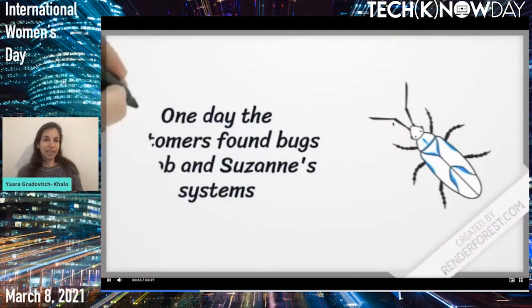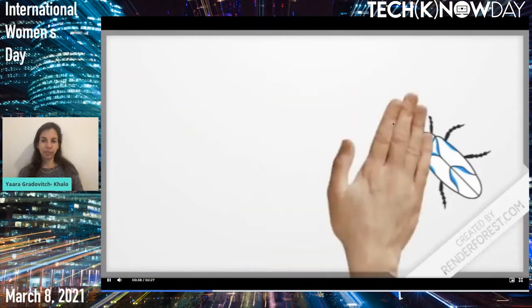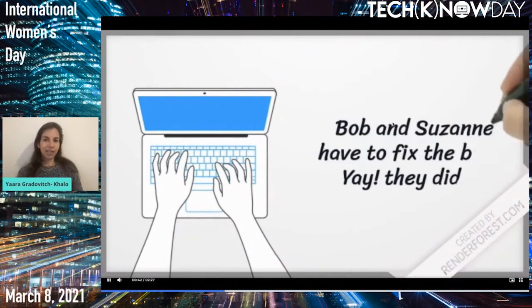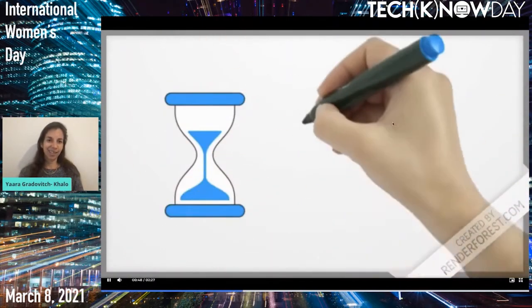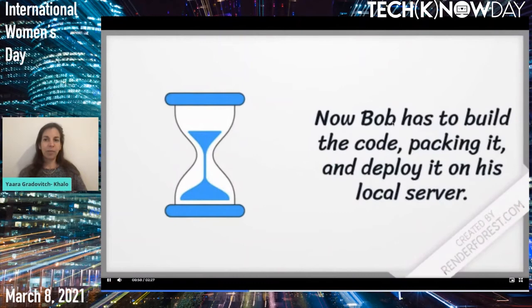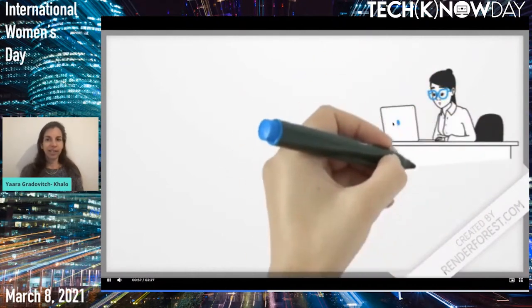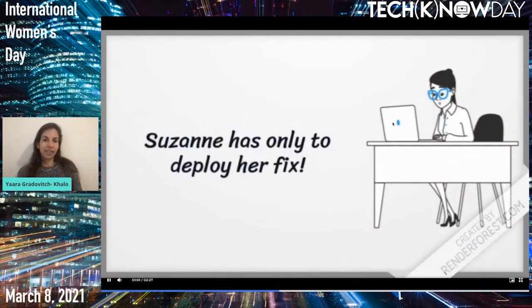One day, some customers found bugs in Bob and Suzanne's system. Bob and Suzanne had to fix their bugs, and yay, they did it! Now Bob has to deploy the code, packing it, and then deploy it on the local server, while Suzanne only needs to deploy her fix.